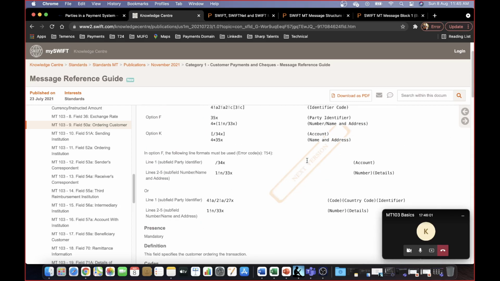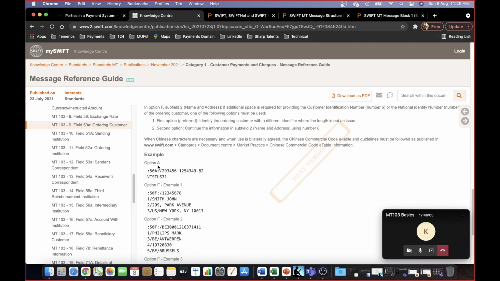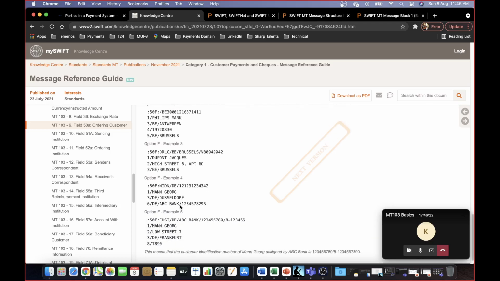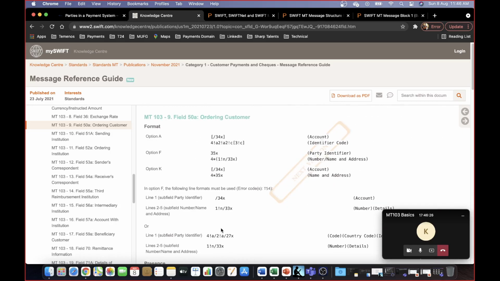For examples, you can visit here. 50A will contain the account number and BIC. 50F will contain the account number, name, and address, but it will have the 1/, 2/, and so on. In K you will not have that number, but just a slash and the account, name, and address.